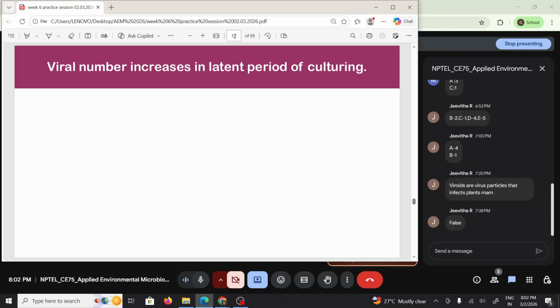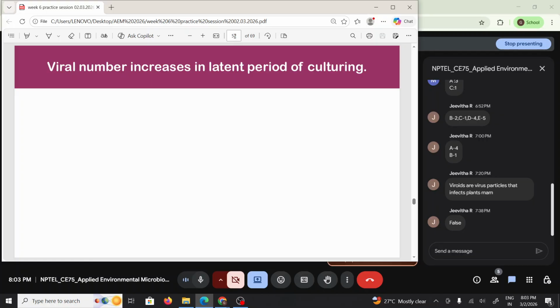Okay. And the next question is: viral number increases in latent period of cell cycle. So we just have to see if the statement is true or false. In viral replication, the latent period is the phase that immediately follows the infection.